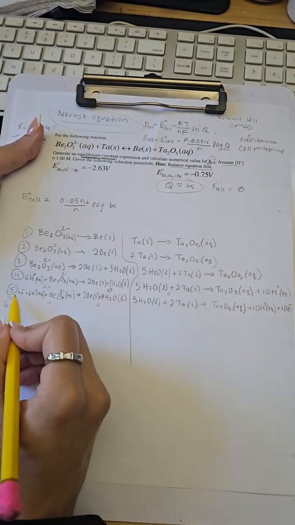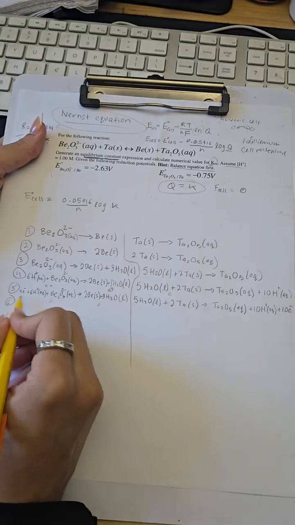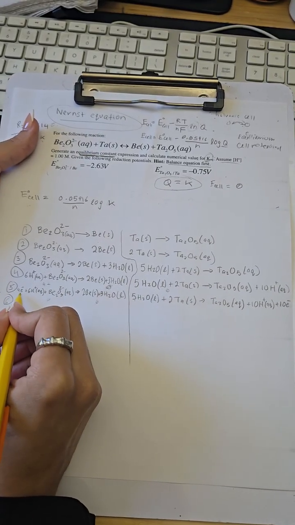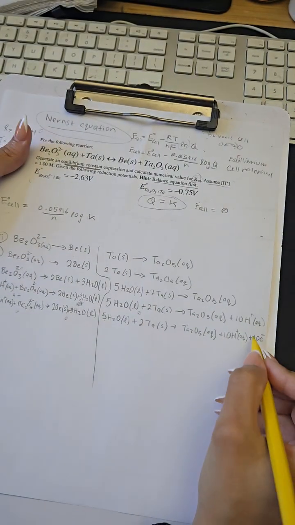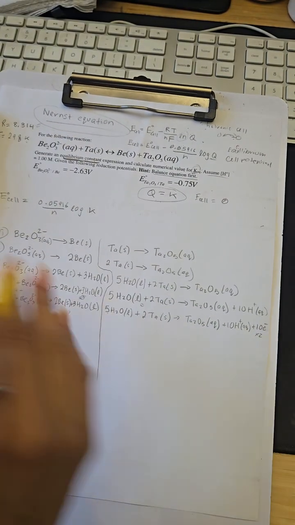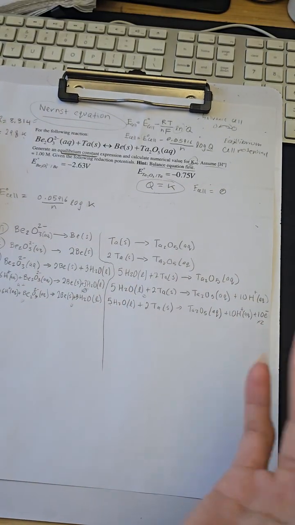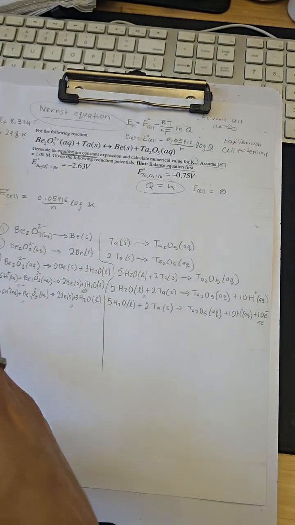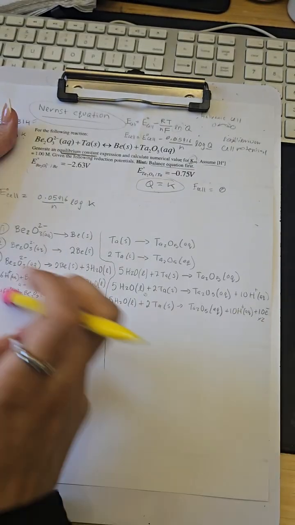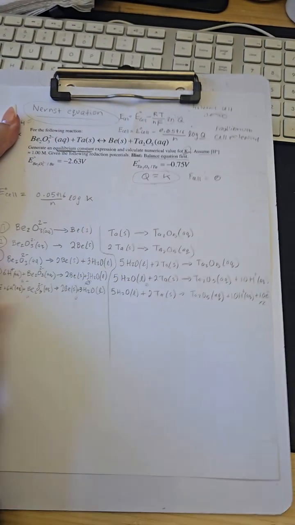If you multiply this entire side by 5, you'll get to 20 electrons. And if you multiply this entire side by 2, you'll get to 20 electrons. So we want both half reactions to have the same amount of electrons. We're going to do that by multiplying this entire one by 5, this entire one by 2. That's going to be our step 6.